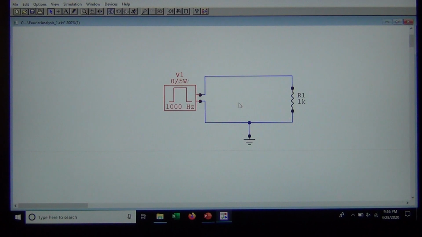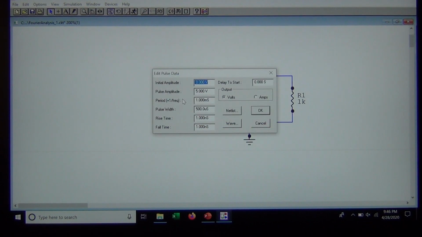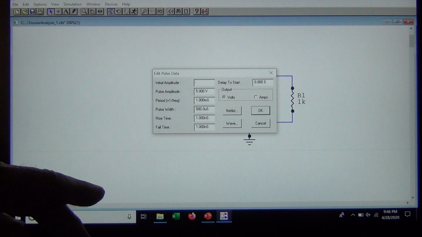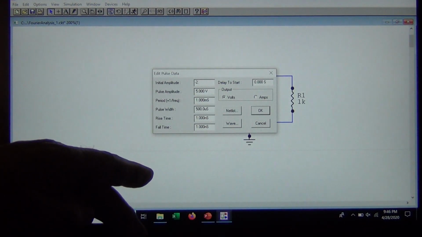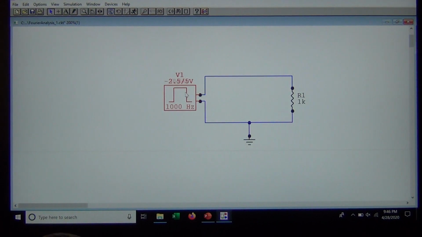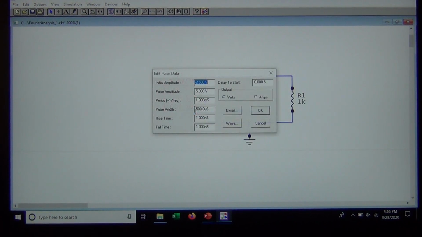And one last thing, let's change its initial amplitude to minus 2.5 volts, and go up to not 5, but let's go up to 2.5.